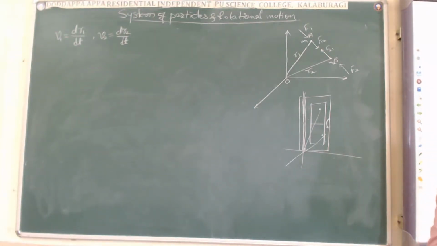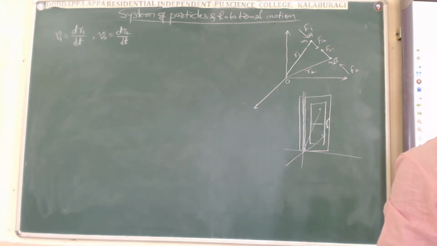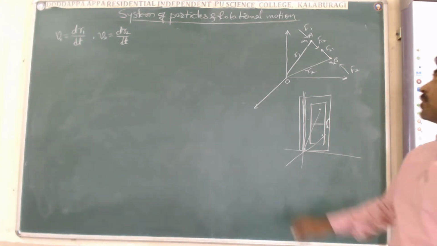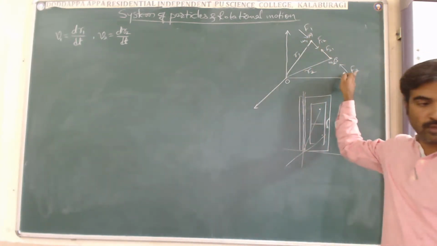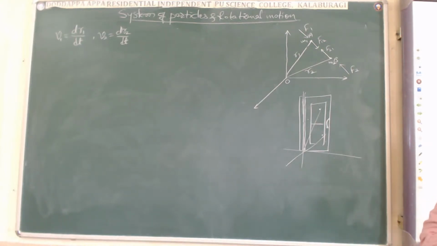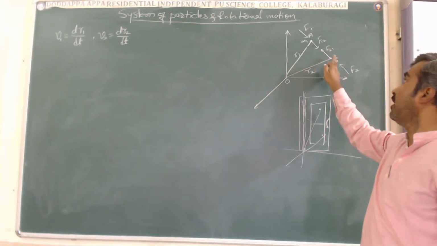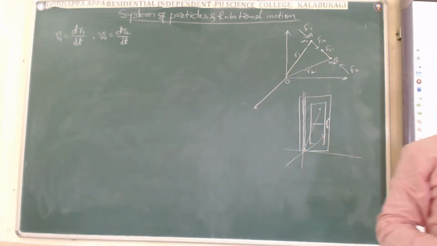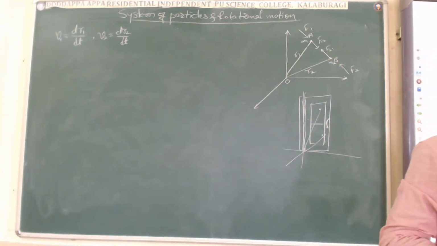So these are the velocities of the two particles due to the application of force. In F1 and F2, what I represented is the external forces. The internal forces are represented by F12 and F21.